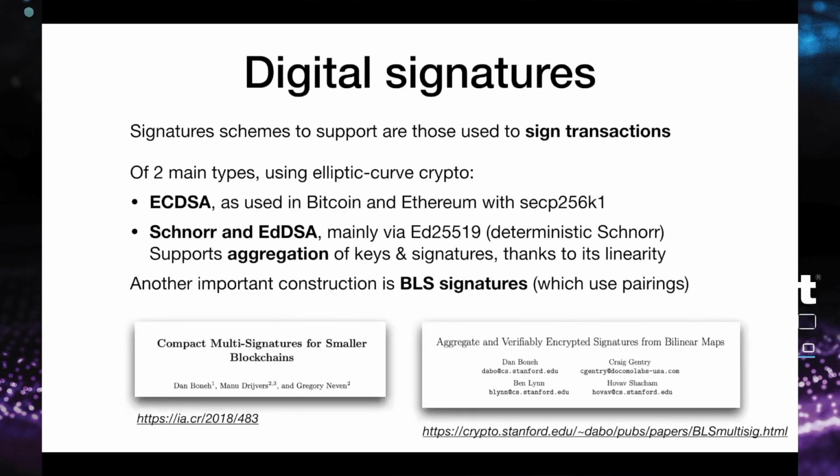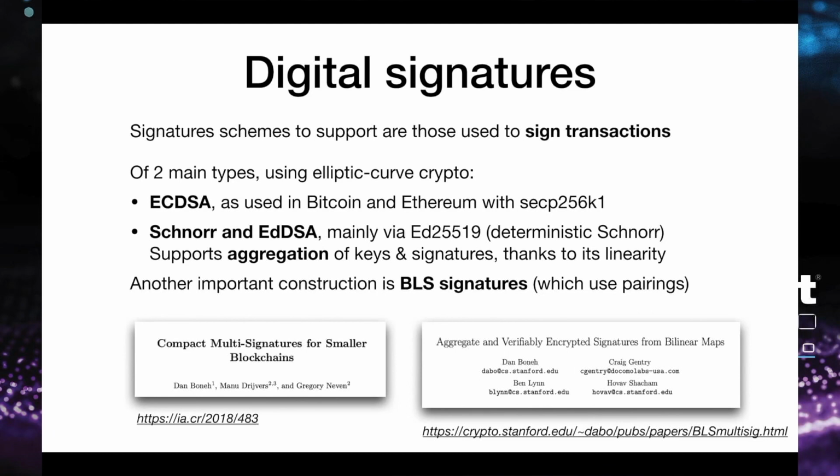Now, what about the crypto used under the hood? What do we need to build TSS? So to build threshold signatures, of course, you must have signatures somewhere. So in the blockchain space, there are two main types of signatures being used. ECDSA, which is used in Bitcoin and Ethereum.